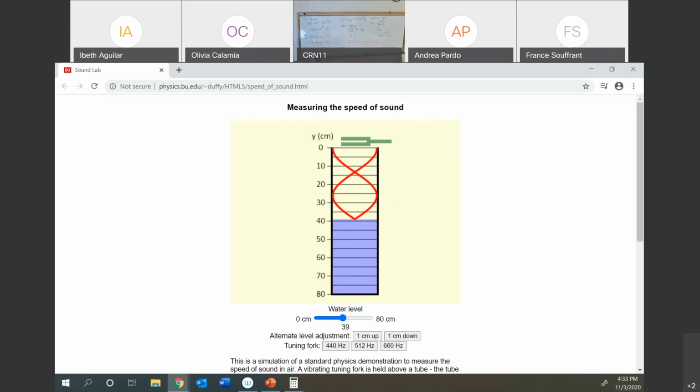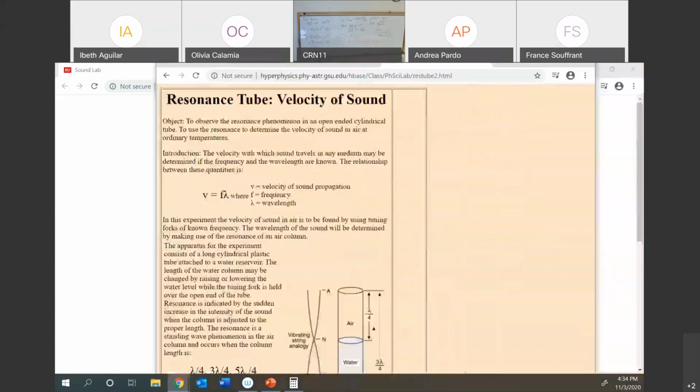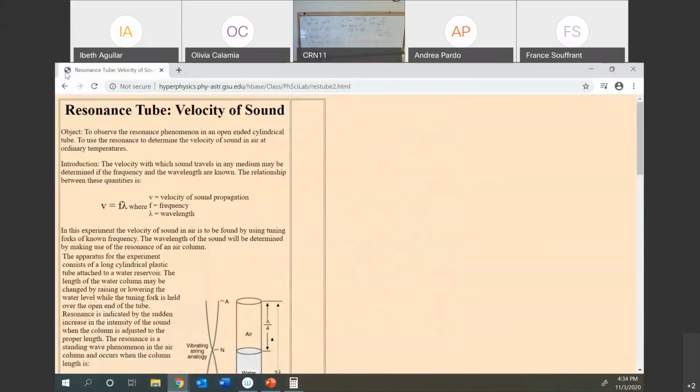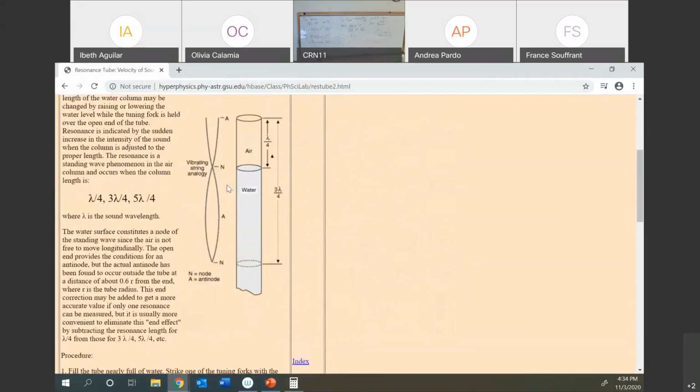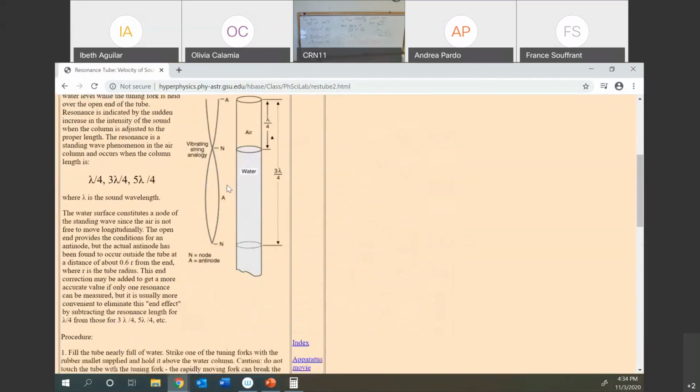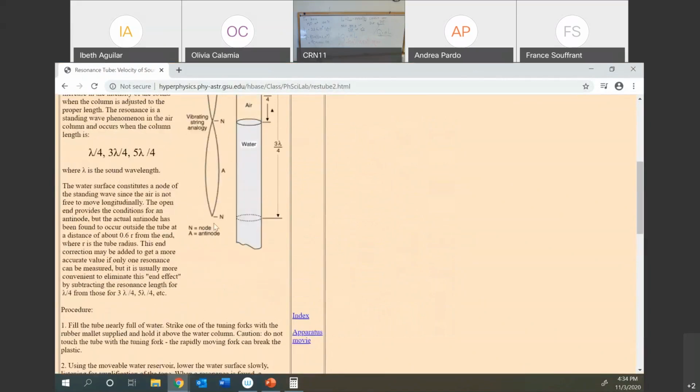Guys, look, if you are having questions, right? Look what I just did. This is a very nice website I want to share with you guys. It's called Hyperphysics. You can just go there and they show you what to do. If you have a node or an anti-node, this is called a node.